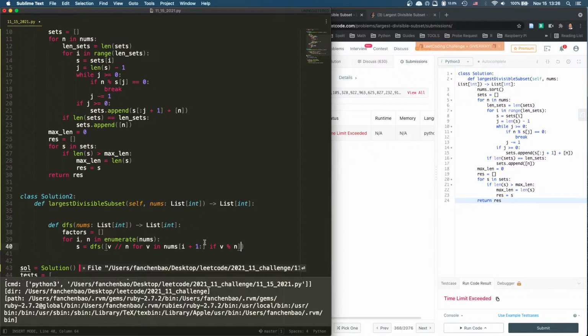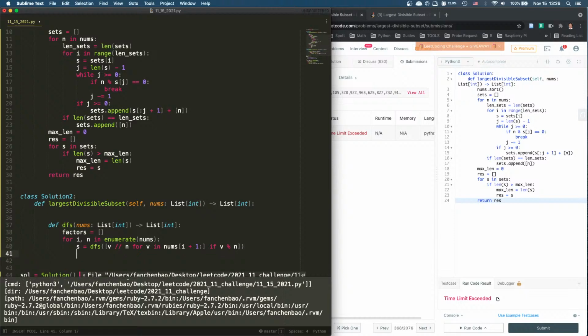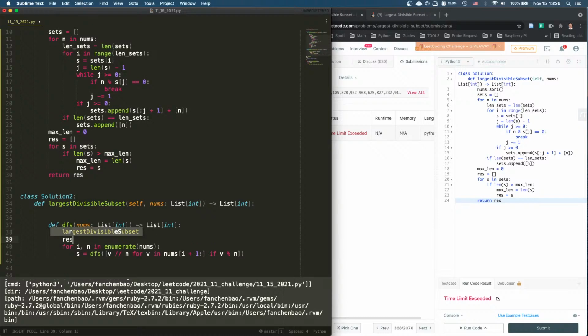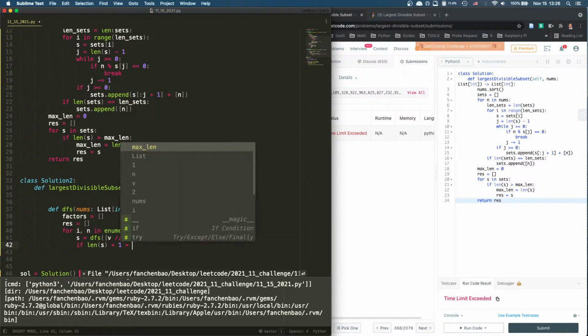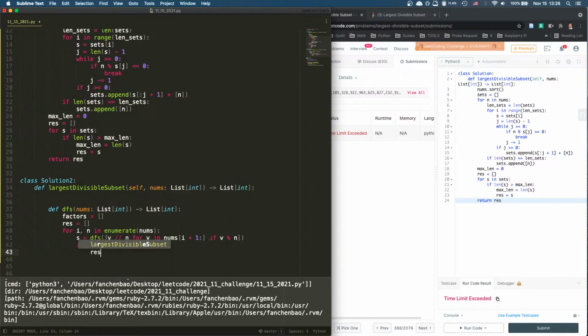So DFS will give me a set, and now I need to check if, so res, right? We'll have a res. So if len(s) plus 1 is larger than len(res), then res equals n plus s, right?